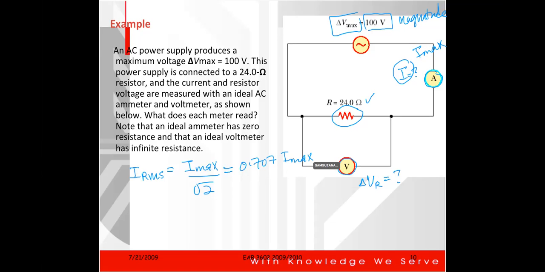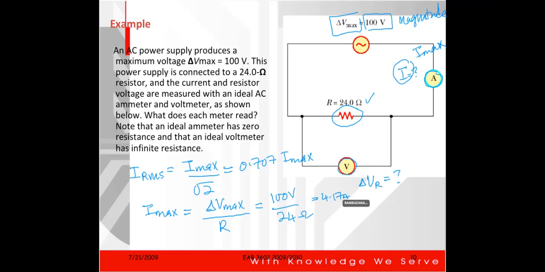So Imax berapa? Kita calculate dulu lah Imax. Imax is equal to delta Vmax bahagi dengan R kan? So R kita tahu, delta Vmax pun kita tahu. Delta Vmax 100 volt. R 24 ohm kan? So you got 4.17 ampere.